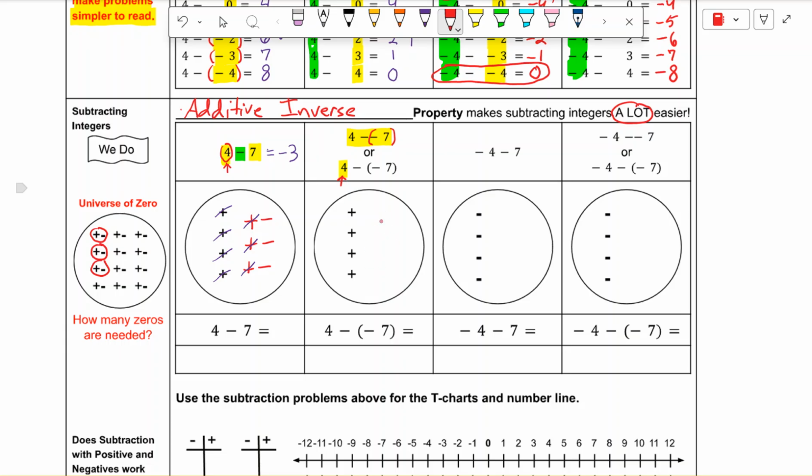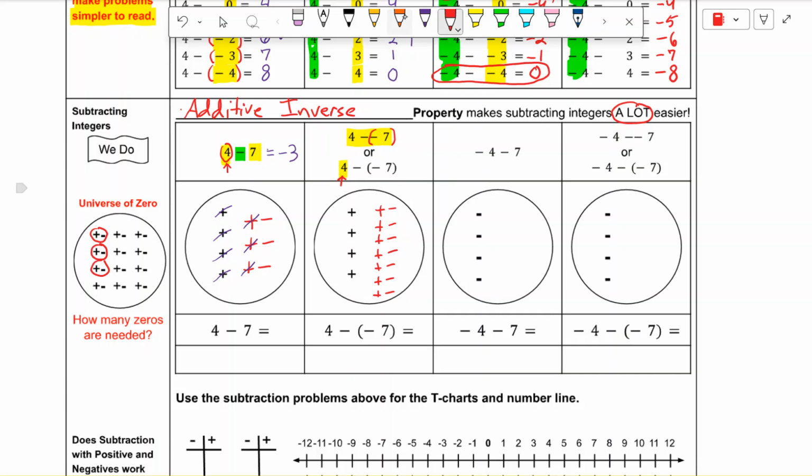So if we need negative signs in here, we have to go back to the universe of 0 and add 7 zeros. Why 7? There's 1, 2, 3, 4, 5, 6, and 7 zeros. We added 7 zeros because now there are 7 negative signs inside the circle.